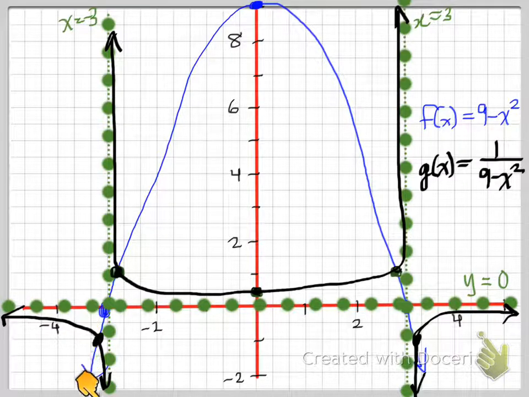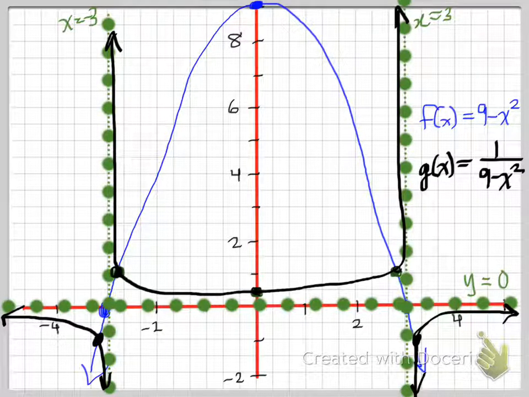It even goes even lower. So this is known as a local minimum because in this area the slope of the tangent line at this point would actually be 0. So again, if the original graph has a maximum up here, then the reciprocal function would have a minimum.